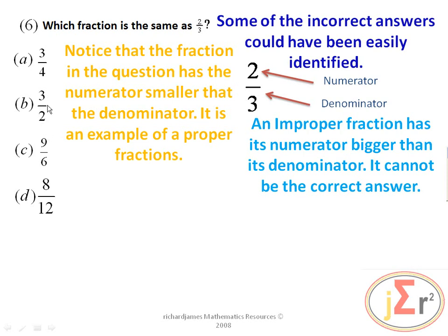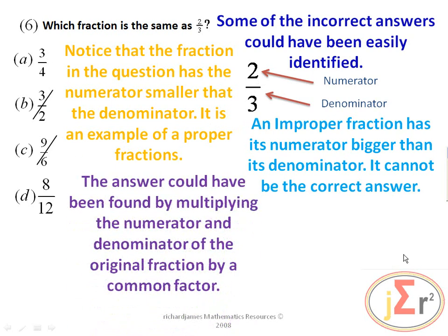And the improper fractions are those in option B and option C. So those are incorrect because they are improper fractions. They cannot possibly be equal to a proper fraction. So we are only now having 2 options remaining.